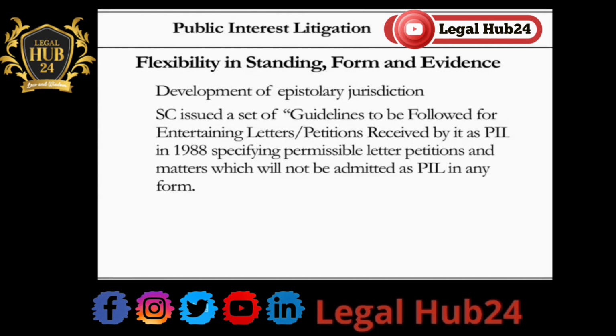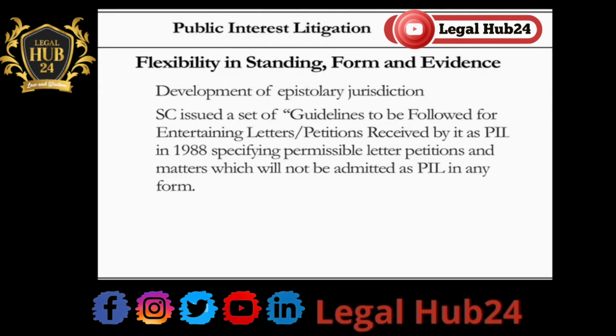The guidelines also lay down the procedure by which petitions will be screened by the PIL cell and then placed before the presiding judge to be nominated by the Chief Justice of India. However, the legitimacy of epistolary jurisdiction has time and again been challenged as facilitating unnecessary and frivolous litigation.